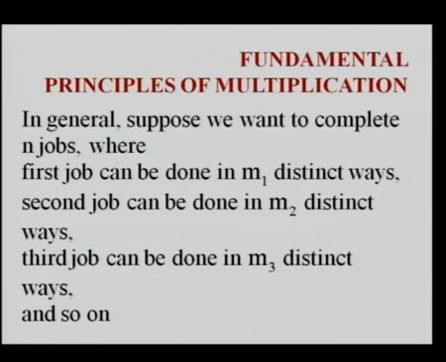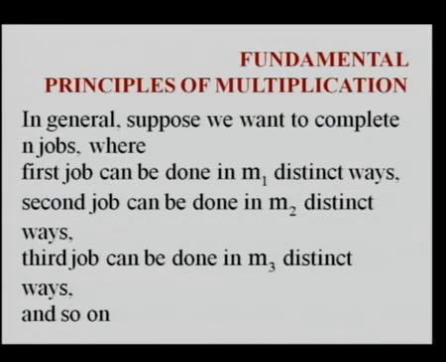Let us come to the first principle of counting, which is known as the fundamental principle of multiplication. In this principle, suppose we want to perform a job which can be completed in n phases. The first phase can be completed in m1 number of ways, the second phase can be completed in m2 number of ways, the third phase in m3 number of ways, and so on.